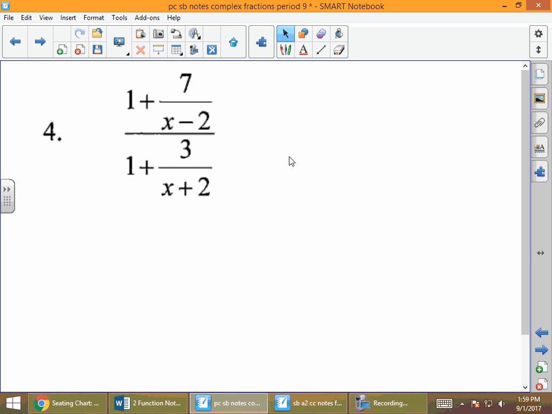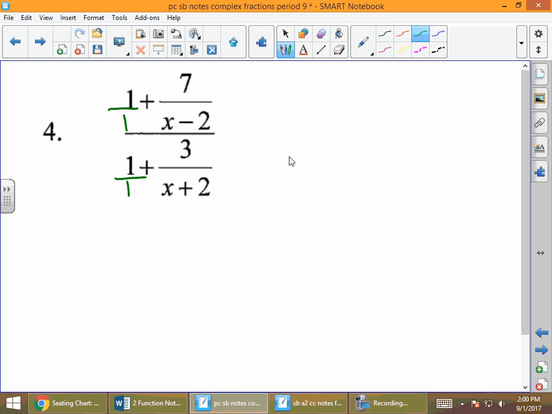What this is 1 over 1, and this is 1 over 1. And if you like the adding method, add the top together, add the bottom together, and then divide, that's fine. Just want to show you one more here to give you an alternative.